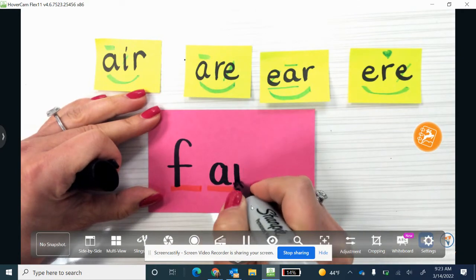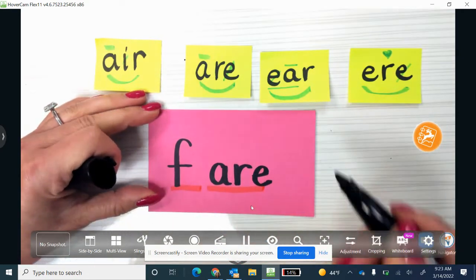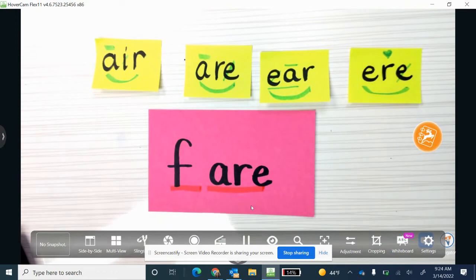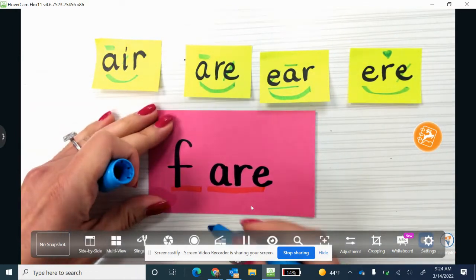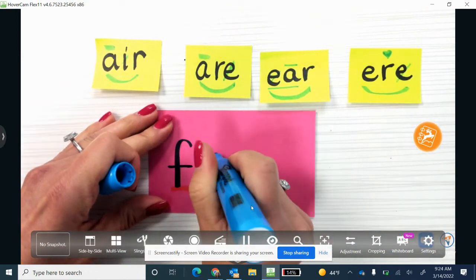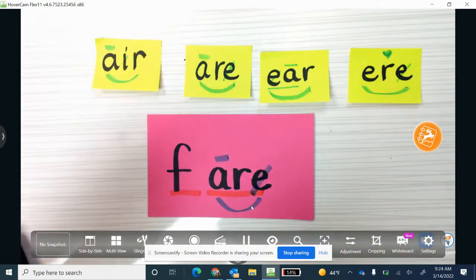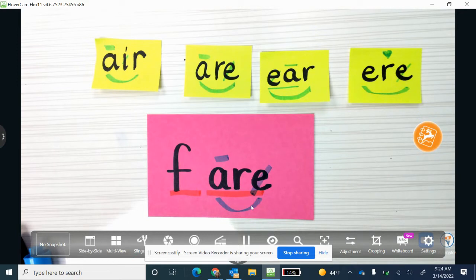Air. Okay, that means how much does it cost? Can you guys think of another type of fare? What do you think? Go ahead.